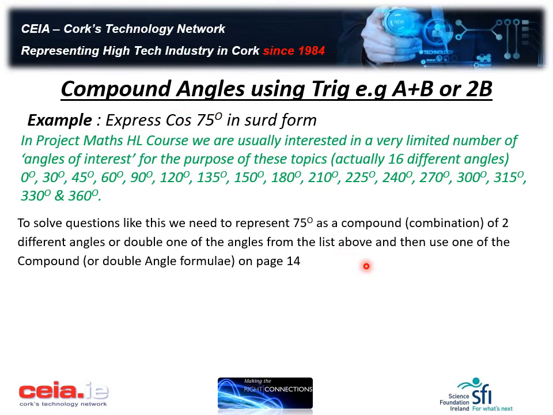Okay, now I am sure that you can think of many combinations of adding or subtracting 2 angles from this list to give you 75, but I'm going to pick the simplest possible combination of these angles. So I'm going to use 75 degrees is equal to 45 degrees plus 30 degrees. So now we're in a situation where we want to find the cosine of an addition of 2 different angles, 45 degrees and 30 degrees. Okay.